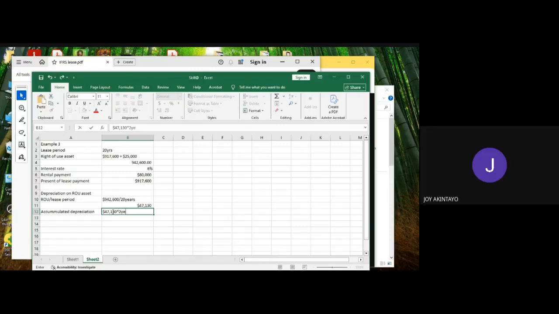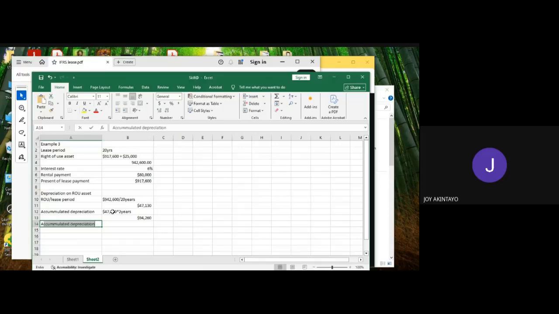How much do we have? 94,260. So we have 94,260.